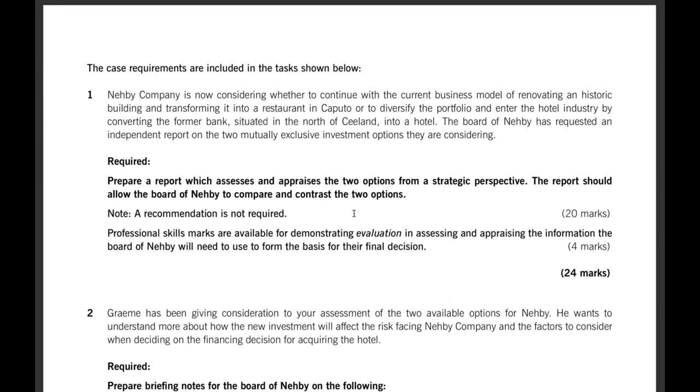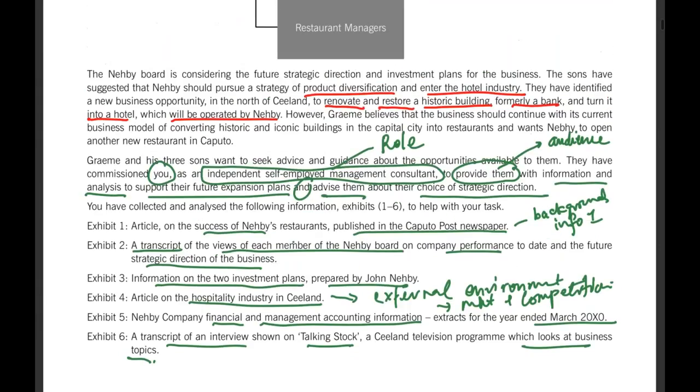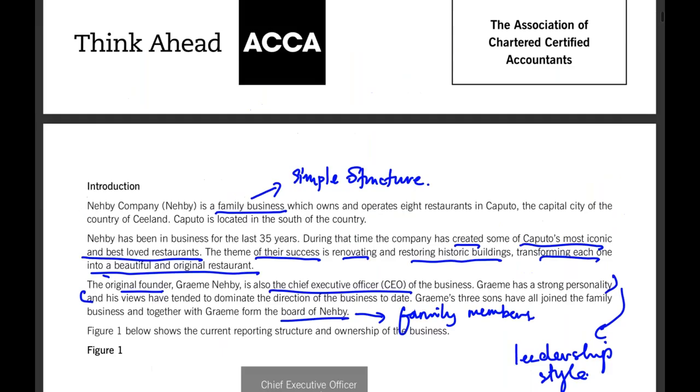This is actually specimen 3. Just to share with you, this is specimen number 3.